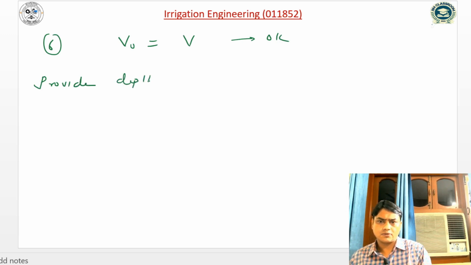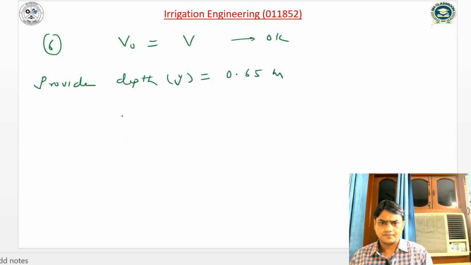So provide depth y is equal to 0.65 meter. So this is the channel design as per Kennedy's theory.